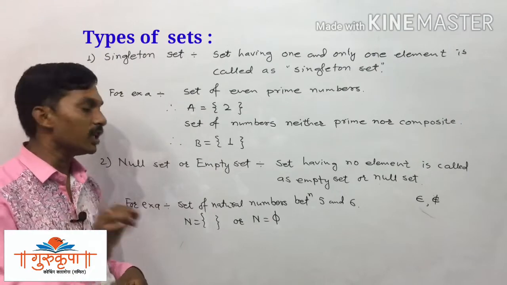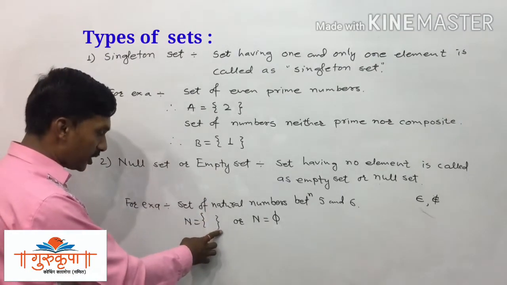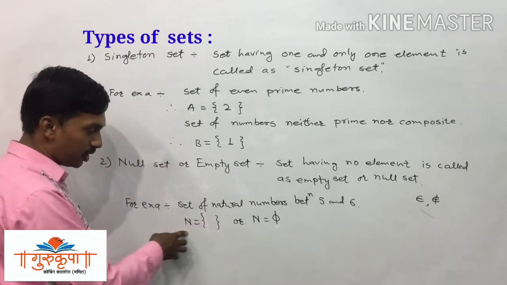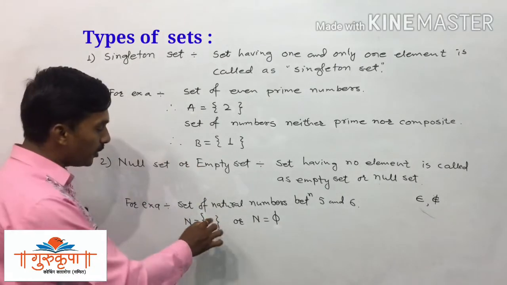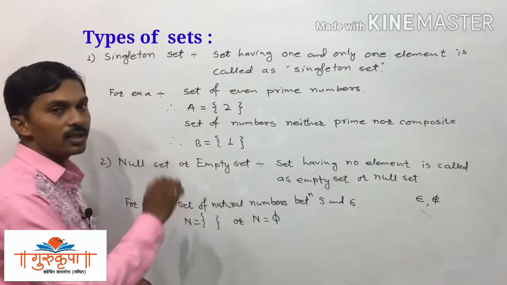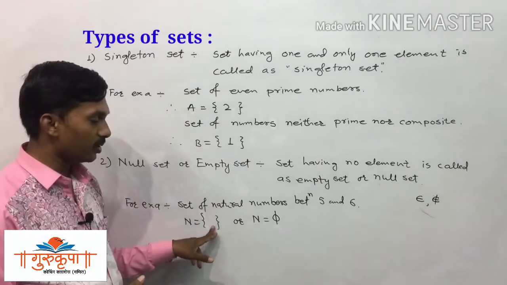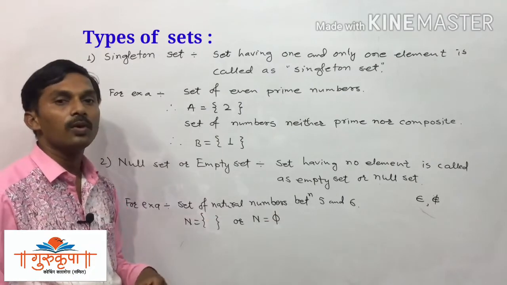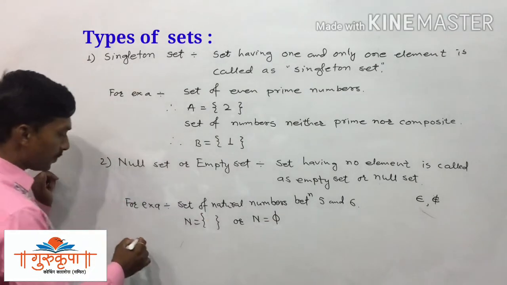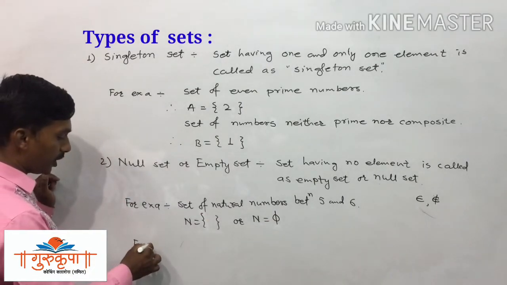If there is no element in the set, you can represent that empty set by this symbol. Nothing is there in the curly bracket, only the curly bracket is there, no element is there in the set. So this is an empty set, or you can represent that set by this sign, n is equal to phi. We will write here empty set.